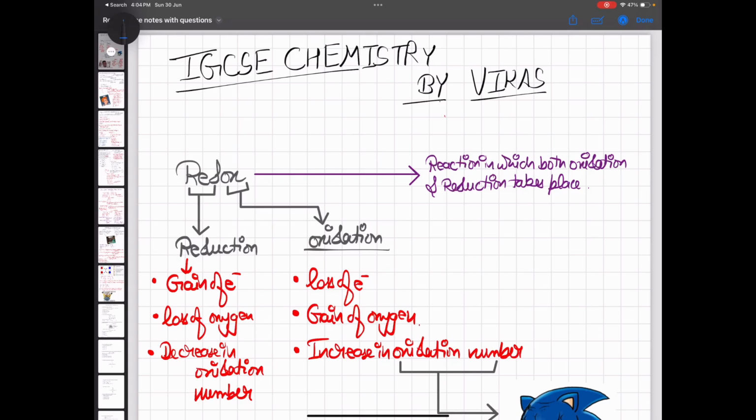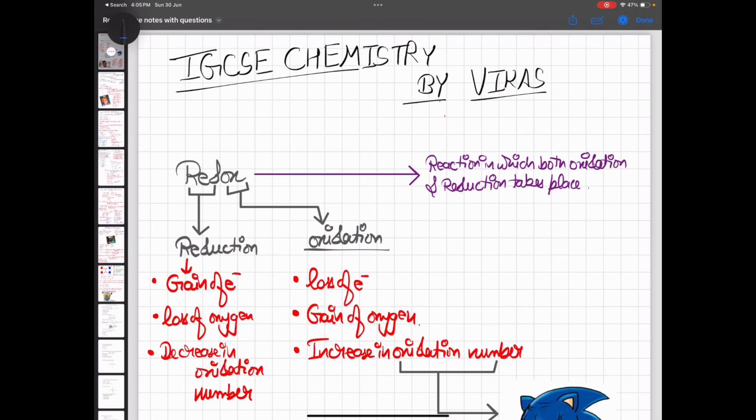In today's session, we are going to discuss redox reactions, where we'll be covering all the points mentioned in our syllabus according to the Cambridge IGCSE curriculum, O levels or our regular GCSE exams. We'll be covering all the points.